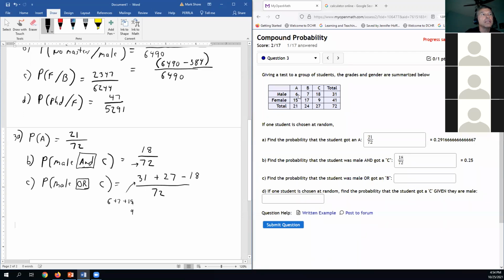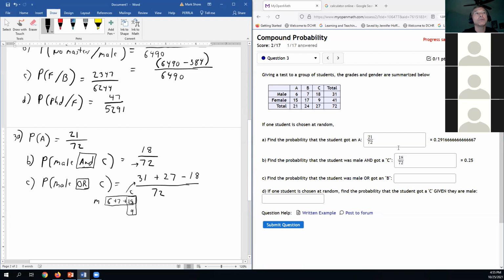So these 18 people that are male are counted once because they're male, and they got counted again because they got a C. You can't count people twice. You want to get the probability, everybody has to be counted that you want to get counted. Everybody has to get counted once. So since they were counted once because they're male and once because they got a C grade, we have to subtract them off so that each person is only counted once.